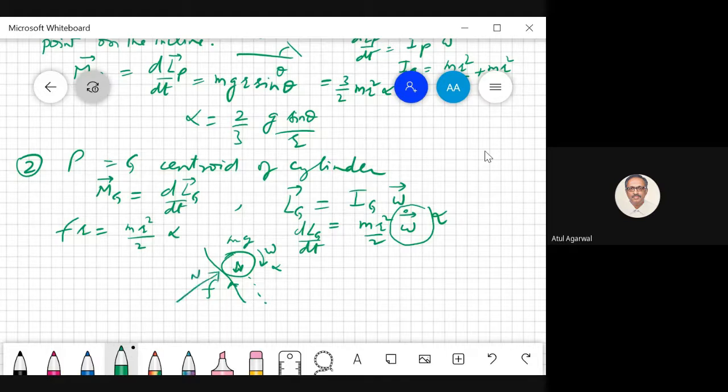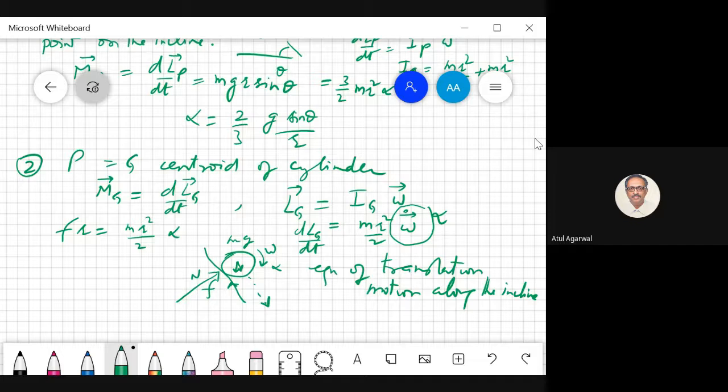If you write equation of motion, translational motion, along the incline. Okay, we want to write equation along the incline, along this direction.